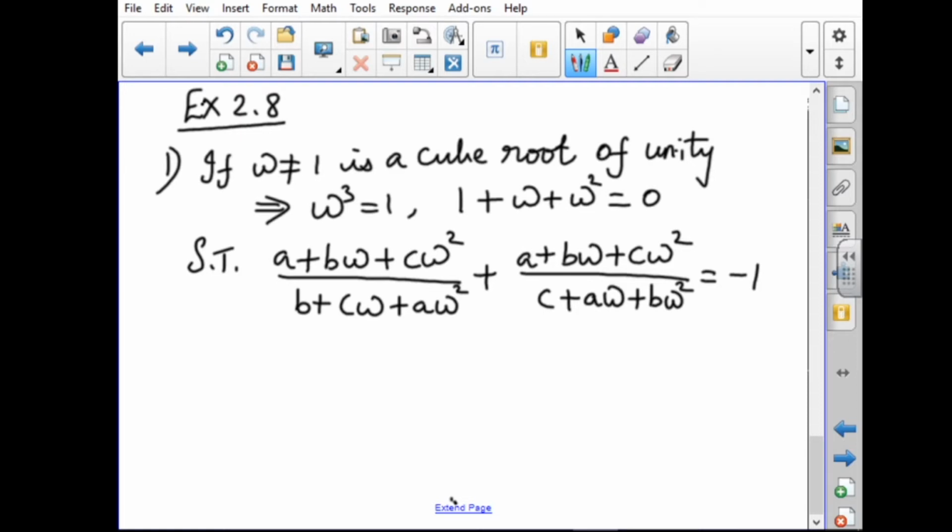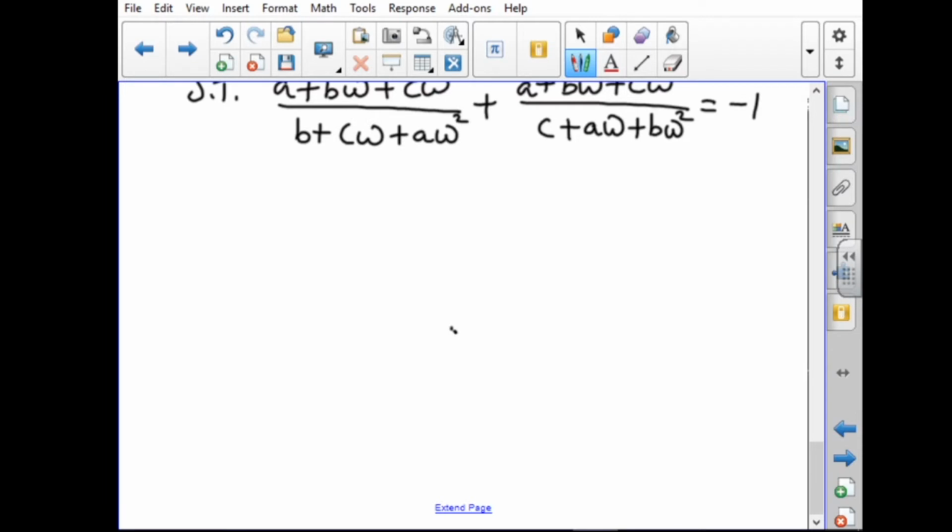So this we are going to prove using the condition of omega cube equal to 1 and 1 plus omega plus omega square equal to 0. So to prove this, let us take our LHS. So we are going to multiply the LHS by omega square. Numerator and denominator should be multiplied with omega square.